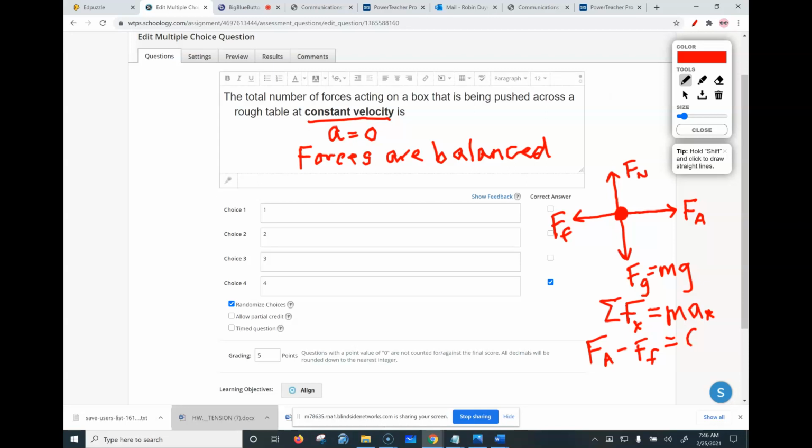So that whole side, the mass times 0 is 0. And what does that tell me? It tells me that my applied force equals my frictional force. So the number of forces would be 4.